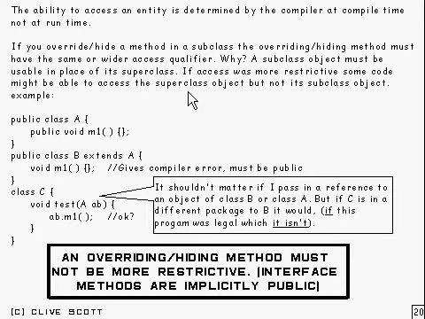And here's an example to illustrate that. We've got class A here with a method in it, and class B that extends it and overrides it. And the method here is default. Of course, that will give a compiler error because it should be public. And if that was okay, which it isn't, then you might have something like this.